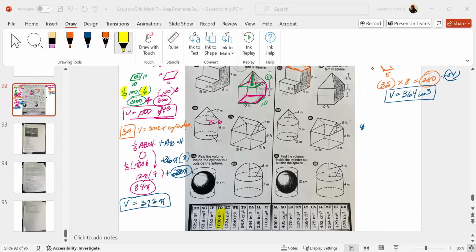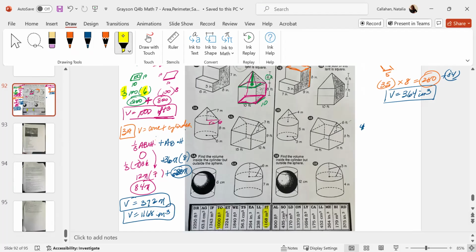So you do 372 times 3.14, which is 1168. Found it right here. And this is meters cubed. So cross that out. Got it?